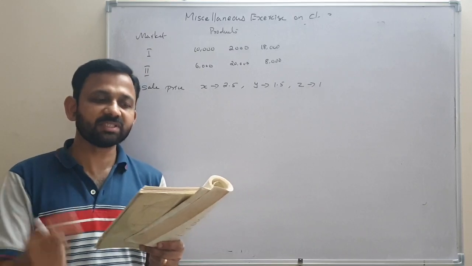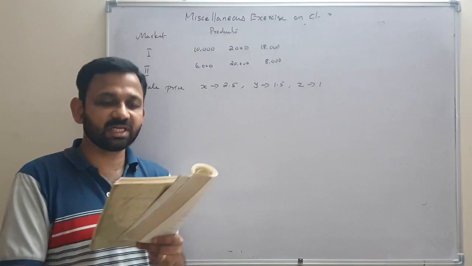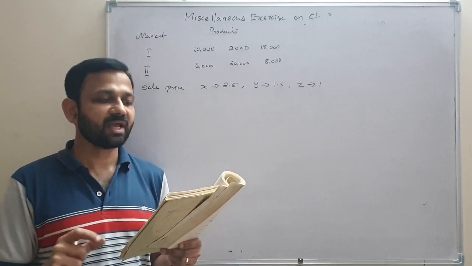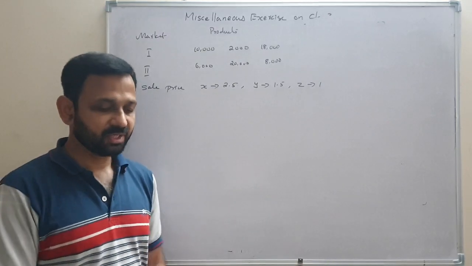So the question is, a manufacturer produces 3 products X, Y, Z which he sells in 2 markets. Annual sales are given below.